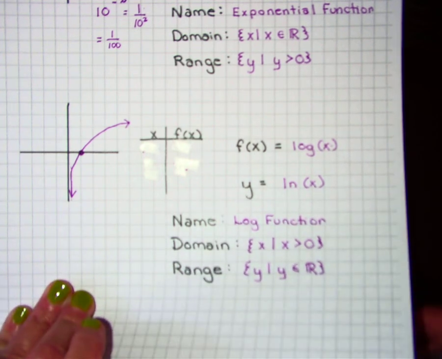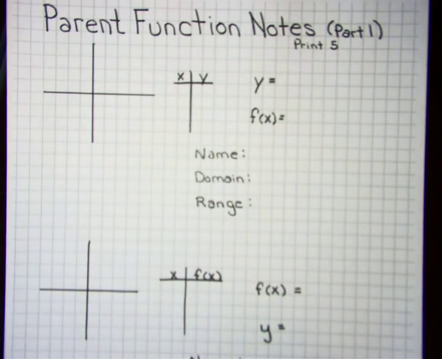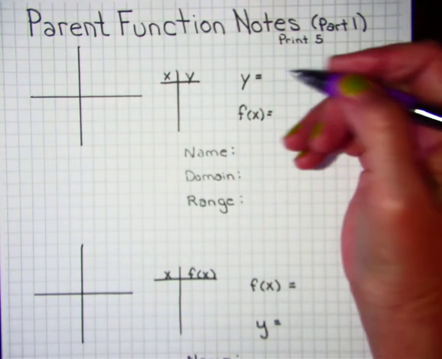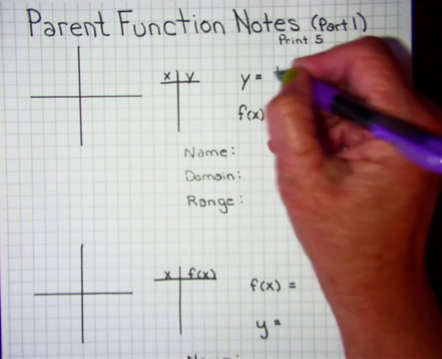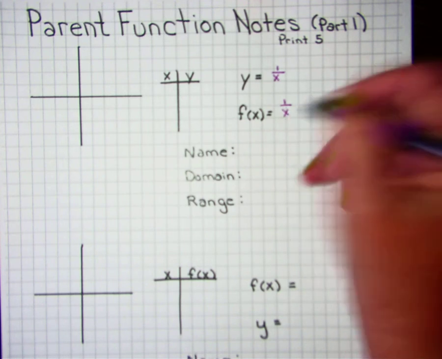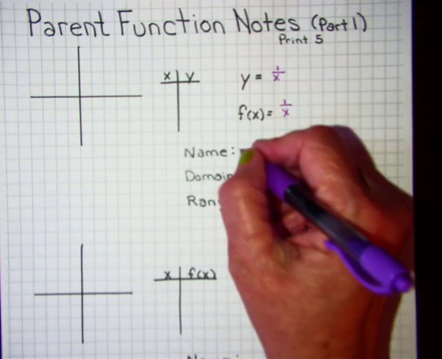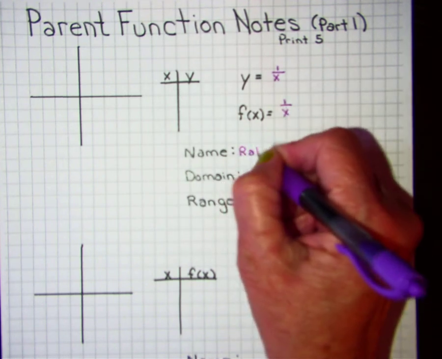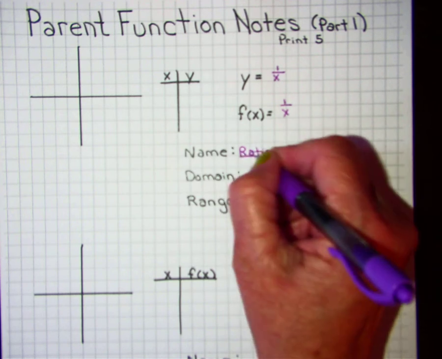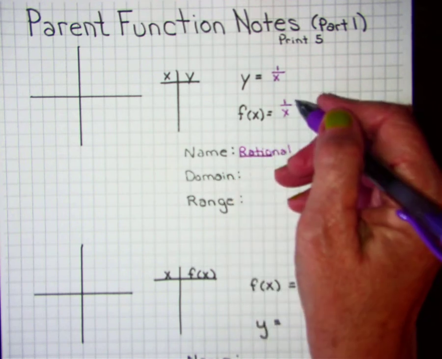Okay, so if I take and go to the last two parent functions that I'd like us to learn, the first is 1 over x. 1 over x, and it is called the rational function. And just remember, ratio is always a fraction.